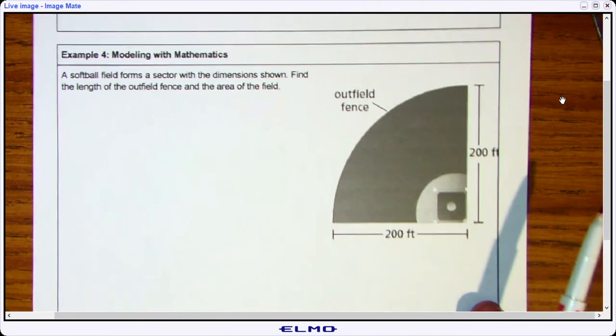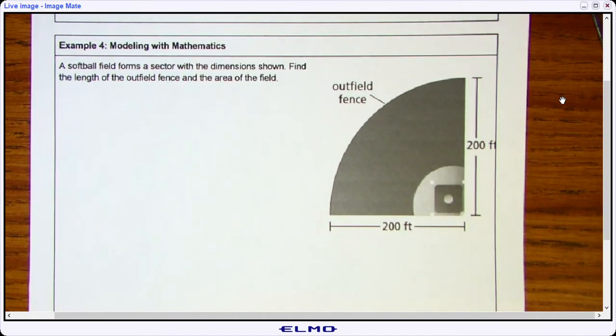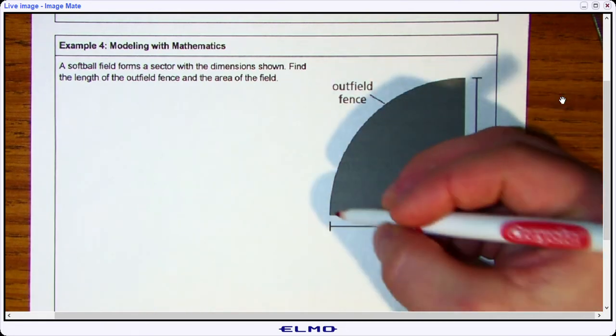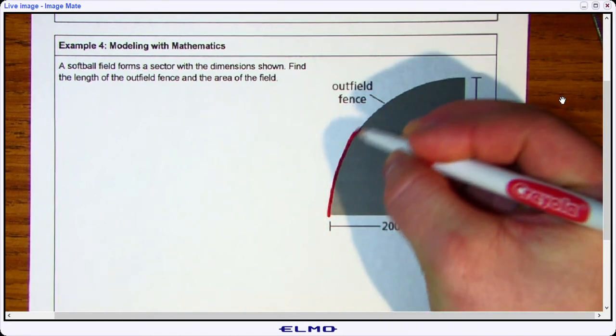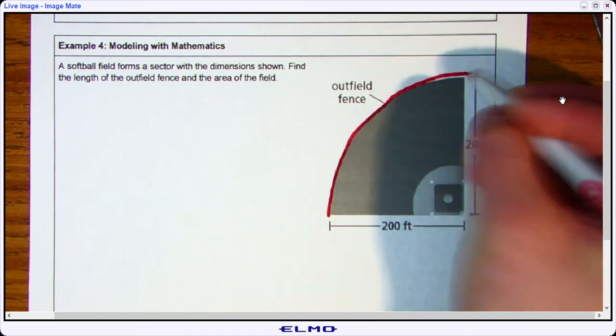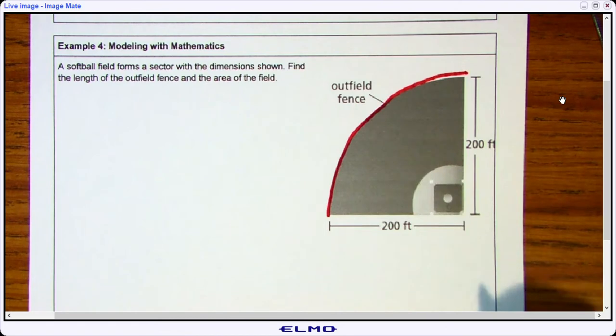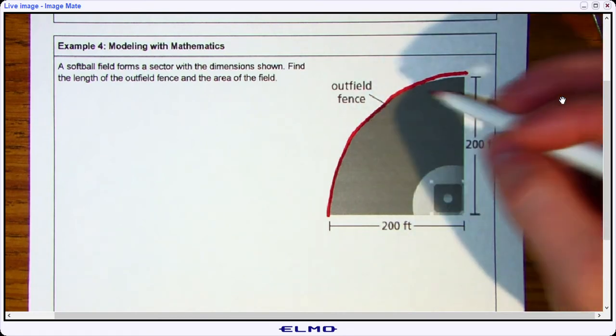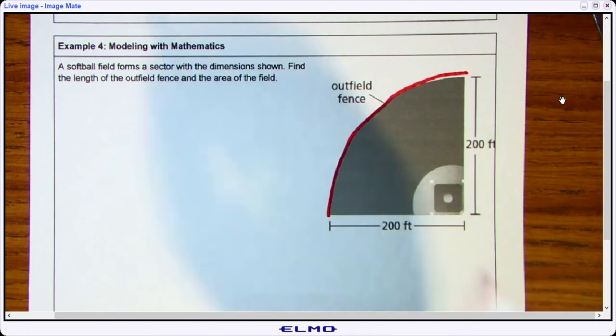Okay, so it says a softball field forms a sector with the dimensions shown. Find the length of the outfield fence and the area of the field. The outfield fence would just be this here, the arc length, and then the area of the field would be just the area of the entire field. I'm going to write down our formulas first.